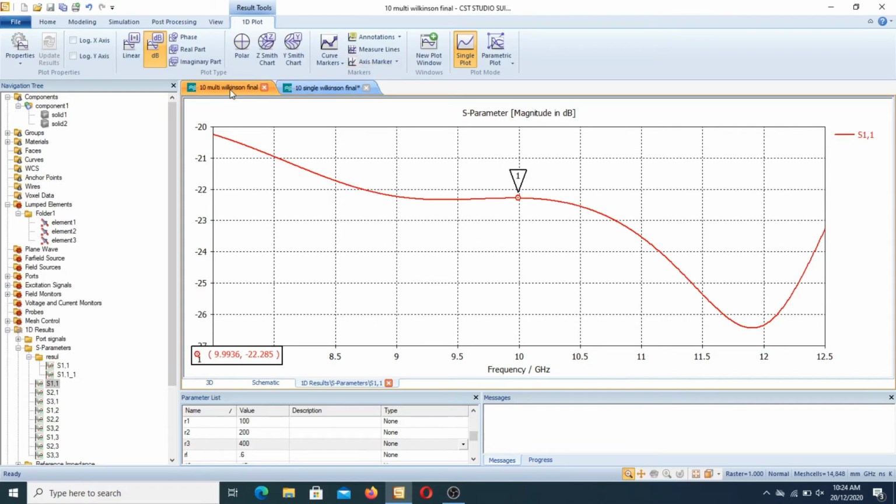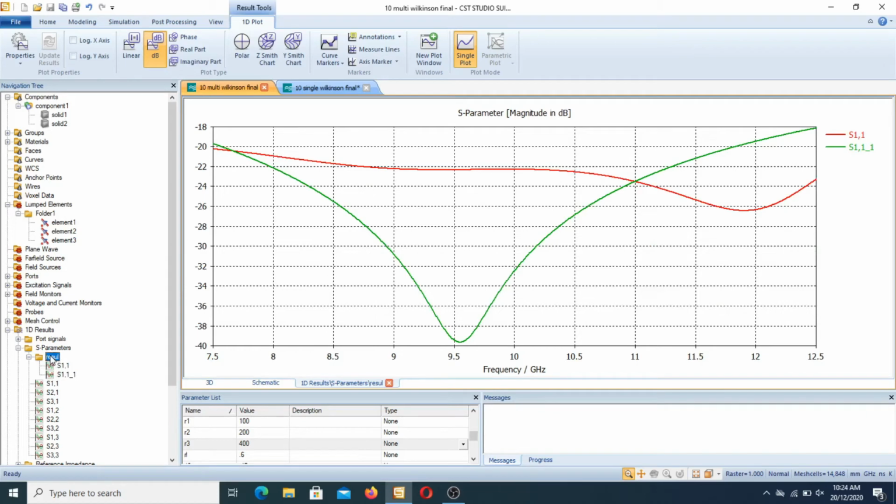Now we want to compare both of them. Therefore, we have a result. This result shows the comparison between the single stage Wilkinson and the 3-stage Wilkinson. In the upper graph, the red line is the result of the 3-stage Wilkinson, and the green graph is the result of the single stage Wilkinson.